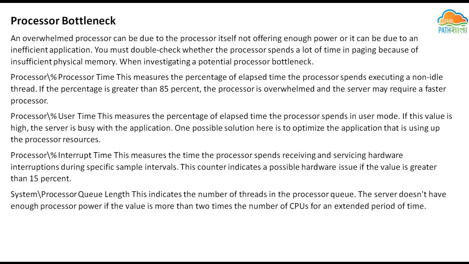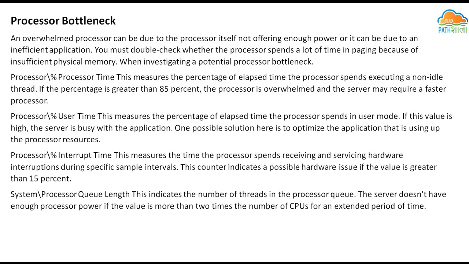Maybe that is a bit technical for a fresher, but whenever you have any program open that requires CPU, say you have 2 CPUs configured on your server, and the total utilization is more than 85% against this counter, that means the processor is overwhelmed, and there is a requirement to have another processor which is much faster than the one installed on that server.